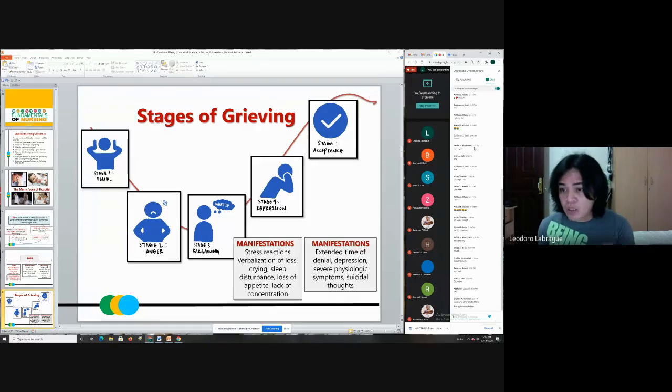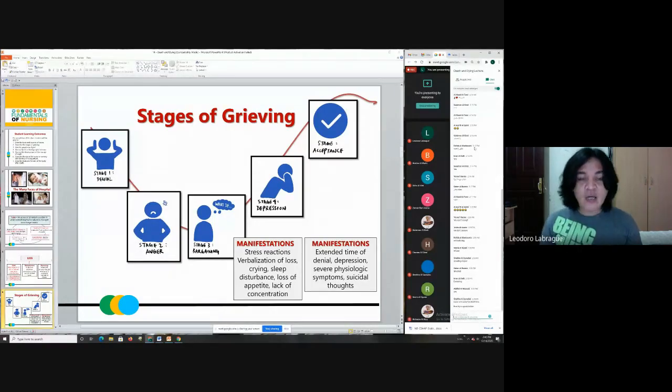No. Because as a nurse, you know that anger is a normal response to the experience of loss. What you can do is provide emotional support to the patient, talk to the patient in a manner that helps the patient control his emotion, and you can also ask the family members to talk to the patient and provide support. It's a very good nursing intervention.